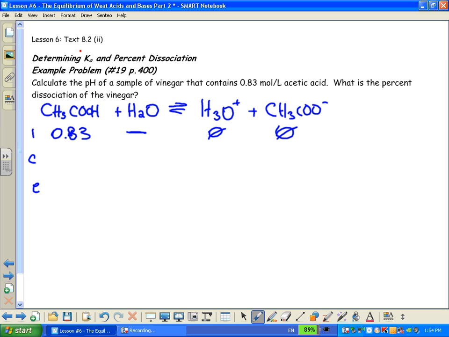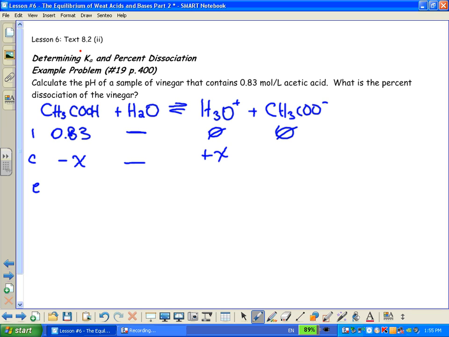In terms of the change, we know that our reactants are going to go down, so we're going to have a negative x. Remember though, if we did have moles in front of any one of those, we'd have to put negative 2x or negative 3x depending on what moles were in front. But in this case, we have a 1-to-1 ratio all the way through. So our products, they're starting at 0, so the only thing they can do is go up.